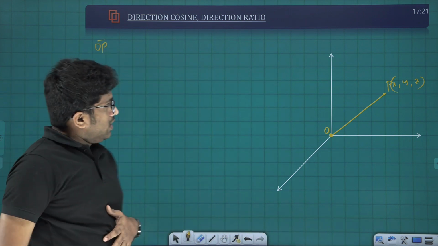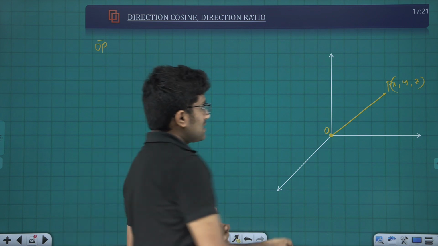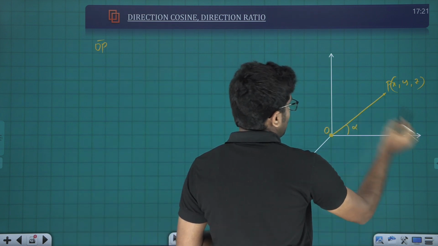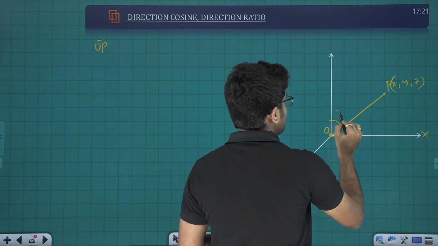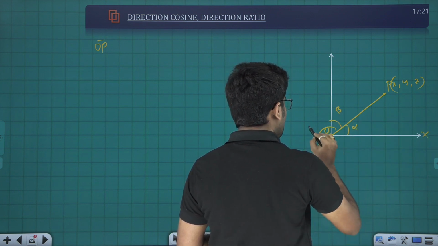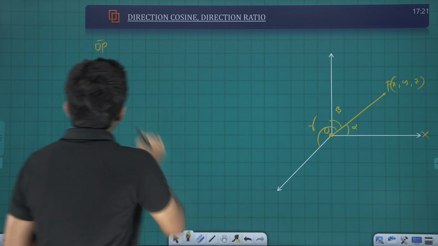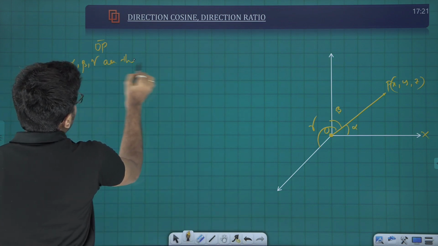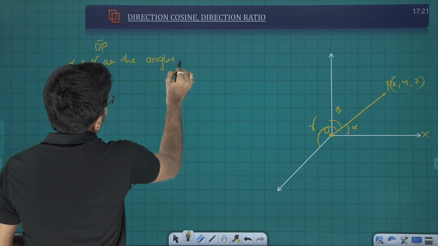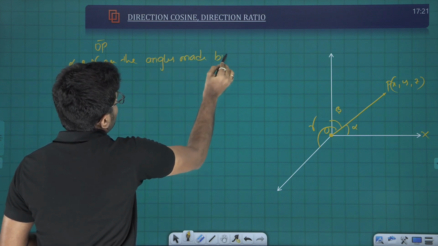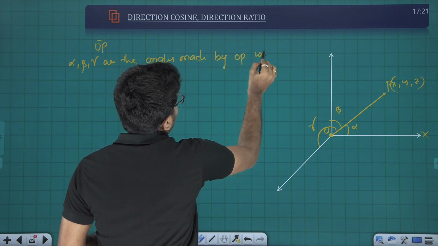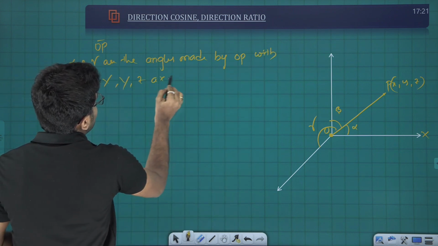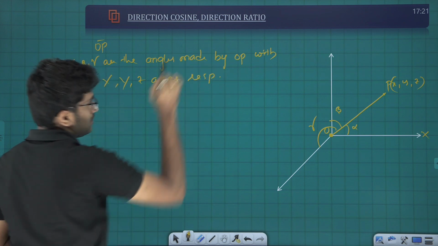Now, if this OP makes some angles alpha with x-axis, beta with y-axis, and gamma with z-axis. Yeah, alpha, beta, gamma are the angles made by OP with x, y, z axis respectively.